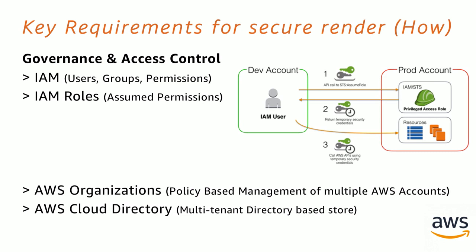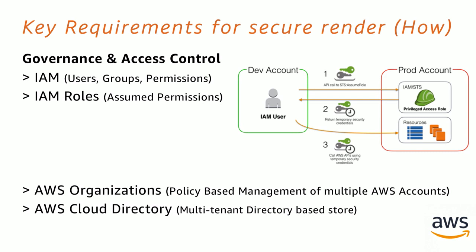And AWS gives you the capability to assume roles and do cross-account access. So let's assume the case where you have a dev account and then you have a production account. You could have an IAM user that has very restricted or specific privileges. So it's basically the least privilege principle within security.